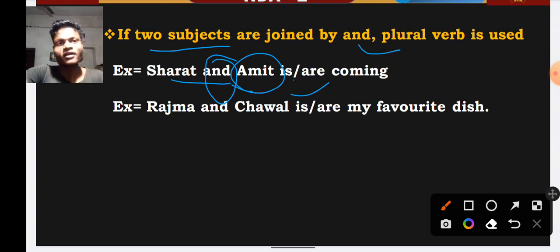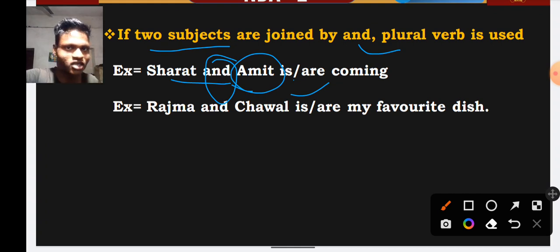Then by the rule of subject verb agreement, when two nouns or two subjects are connected by and, it makes a plural. In this sense, we use are instead of is. Do not use is with this type of sentence.